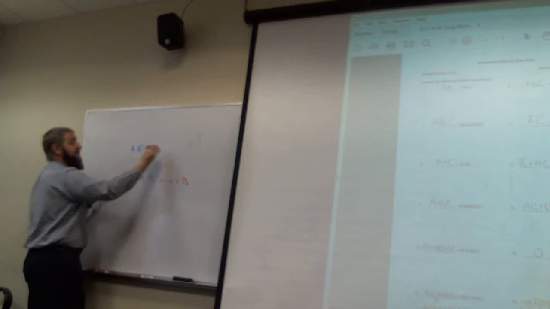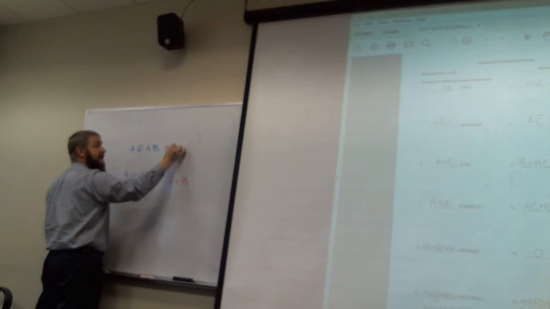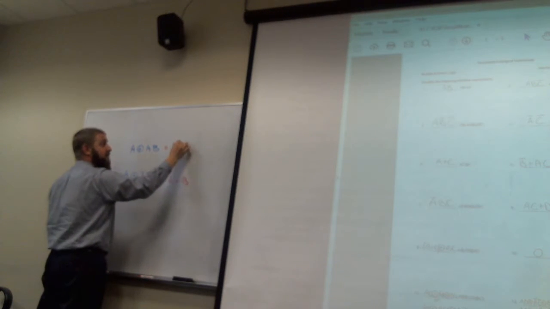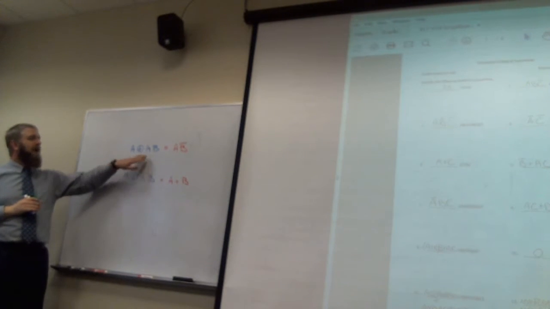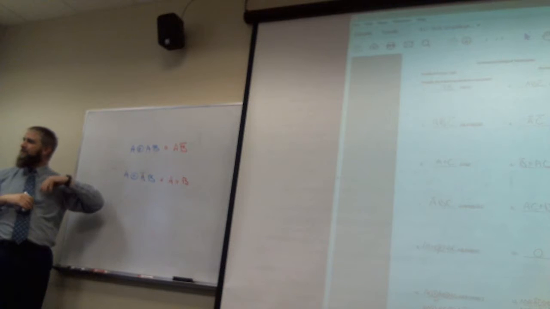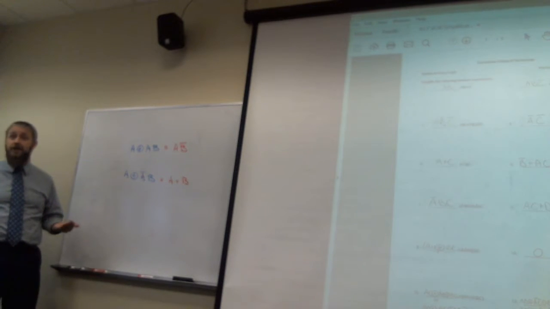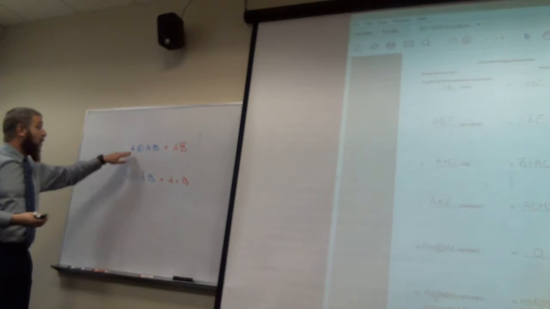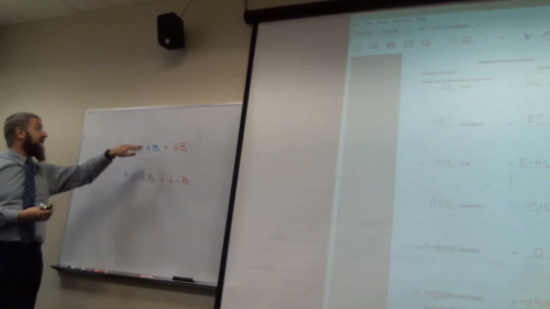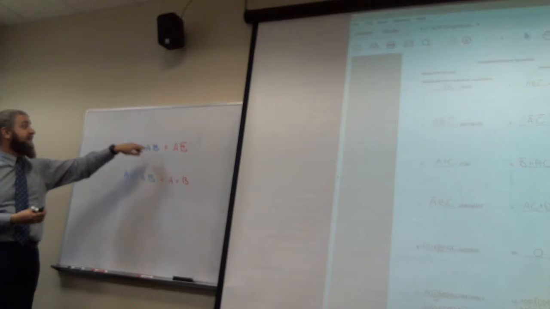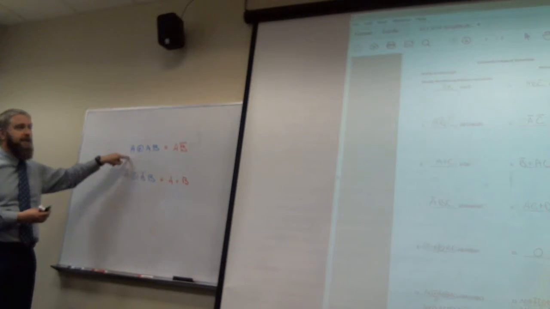So you have to choose the A without the B. It doesn't quite look the same as the absorption, but I think of it as a stronger version of absorption. The only term you can have is this one. You explicitly have to say you can't take that one. You have to take the A without the B.